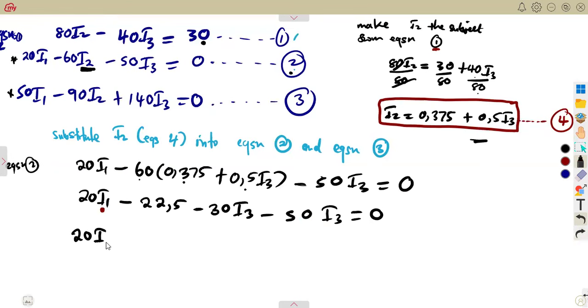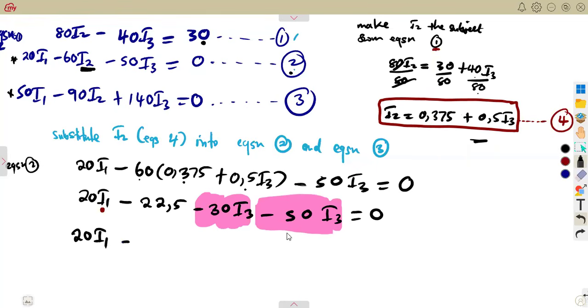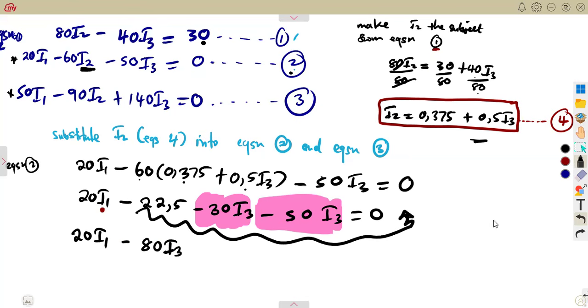All right, so let's simplify 20 I1. Let's collect the I3 parts together. That's minus 30 I3 here and this minus 50 I3. These are like terms, so that will be negative 80 I3. You can even take the minus 22.5 to the other side of the equation, so it will be a positive there.